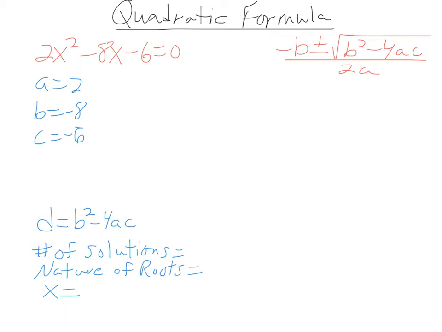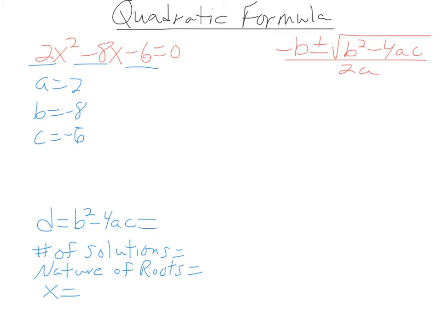Alright, our A is 2, our B is negative 8, and our C is negative 6. I already have the quadratic formula over on the top right there. And we're going to have to find what the discriminant is, that's what the D is, how many solutions there are, what type they are, rational or irrational or imaginary, and what the x equals, meaning where are the x-intercepts, or what are the answers there.